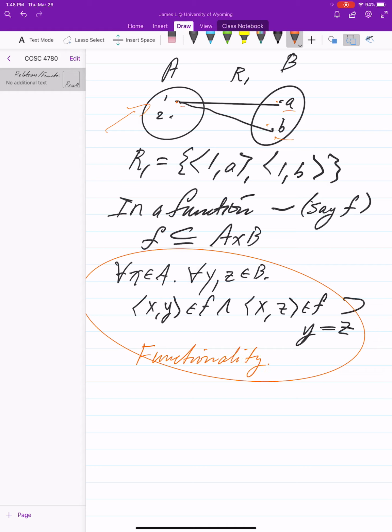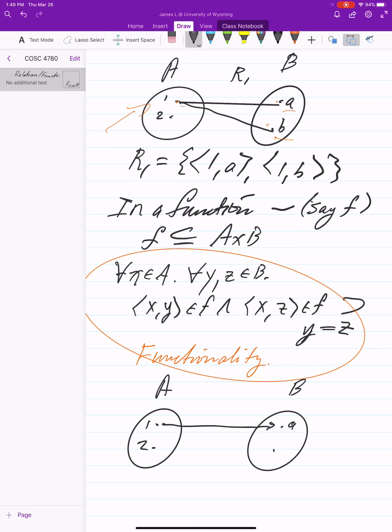So that's functionality. That's what that property is called. Functionality means no point in A can get mapped to more than 1 point. So it can have this, that would be a function. If this is 1 and this is 2 and this is A and this is B, I can't add in this one.